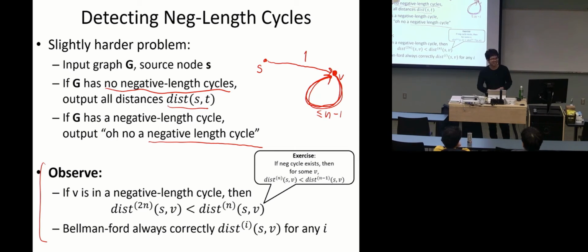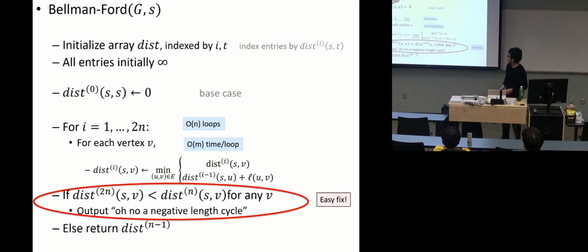Exactly. Good. Just run the loop until i is 2n. At the end, just check this condition. If it is true for any node v, then you report that there is a negative cycle. So that's kind of easy. This is the way to check whether there is a negative cycle in a graph too, in mn time.